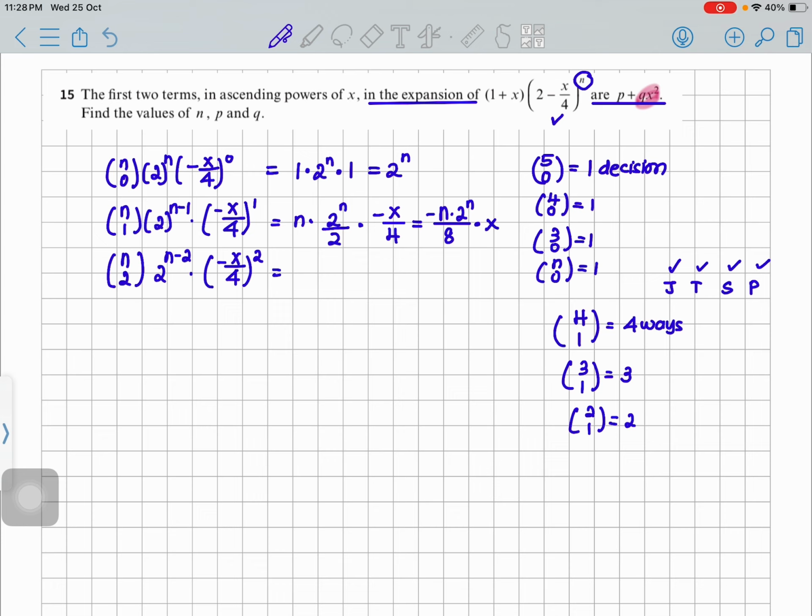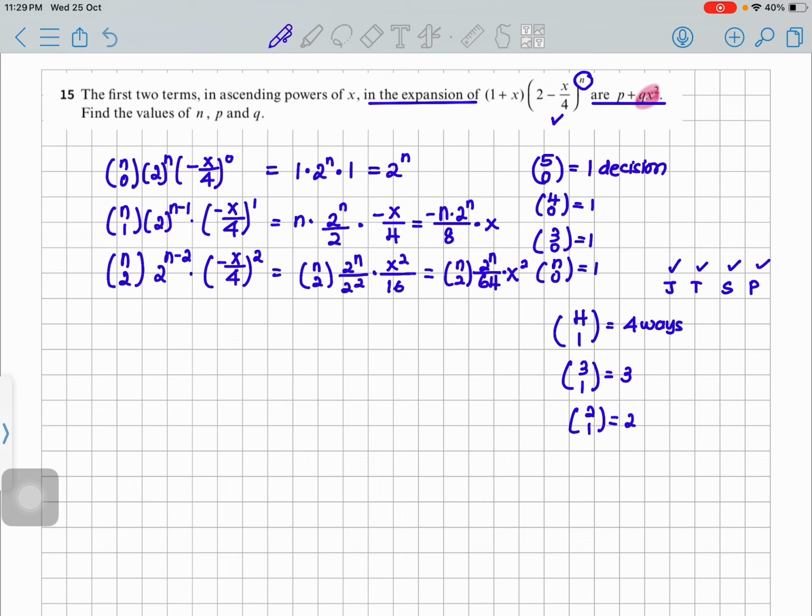Now n choose 2, I have no idea, so I'm just going to leave it like this, and then it's 2 power n divided by 2 power 2, x squared over 4 squared, which is 16. Simplifying this will give me n choose 2, 2 power n over 16 times 4, which is 64, x squared.